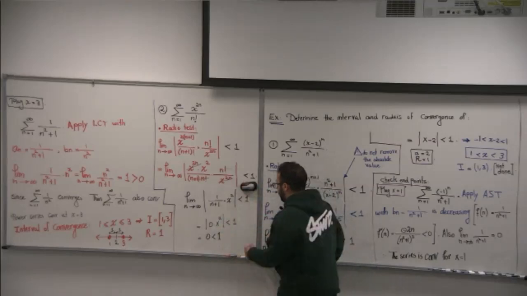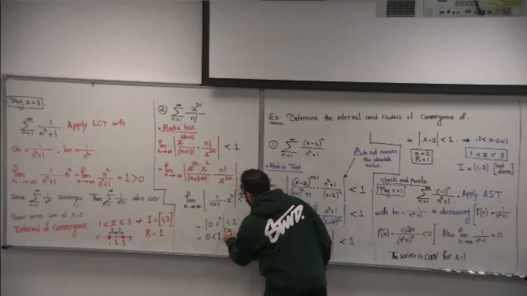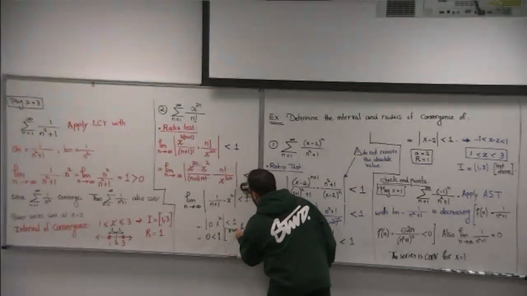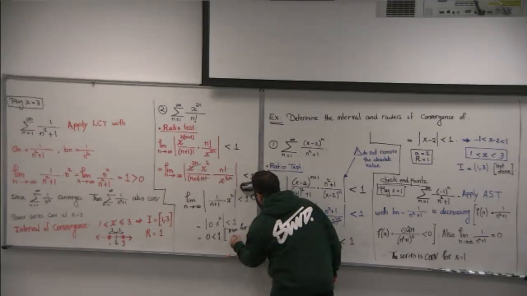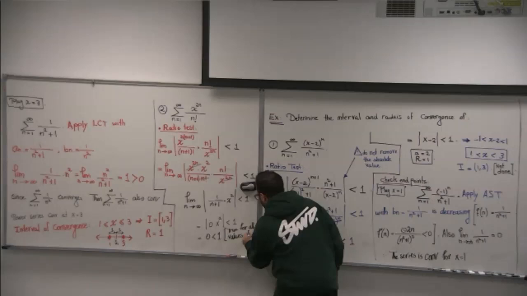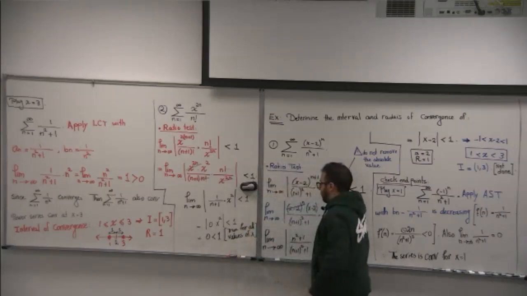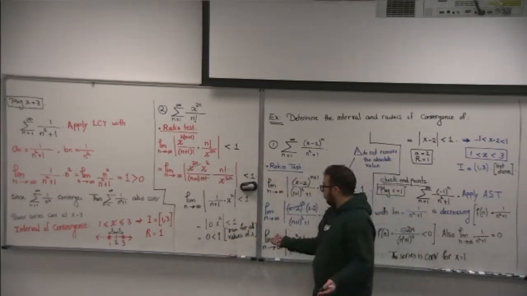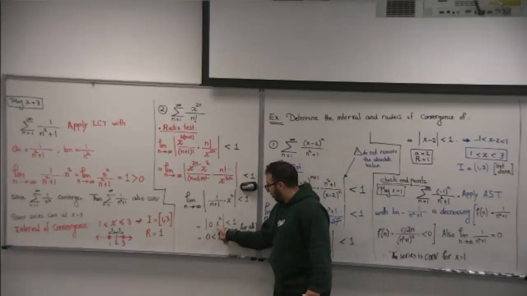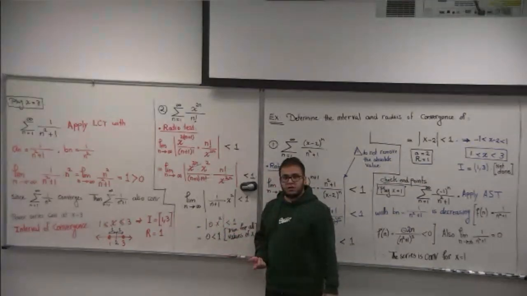So now, this is true for all values of x. Whatever x, think about it, just logically, whatever x you plug here, multiplied by 0, it will always satisfy this inequality, right?